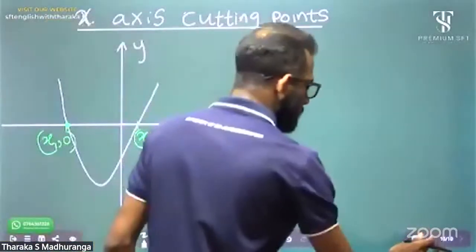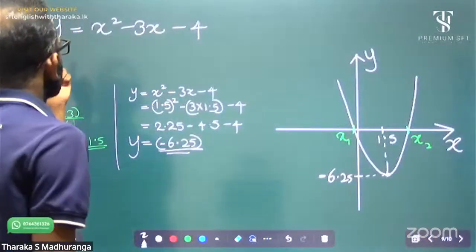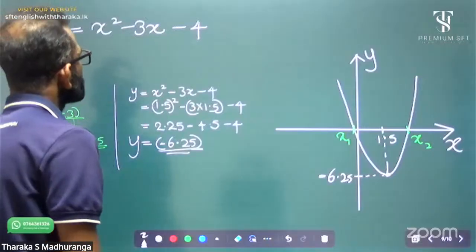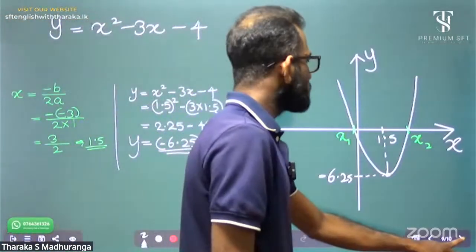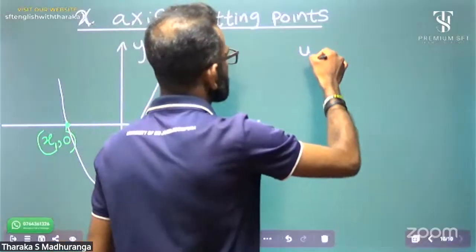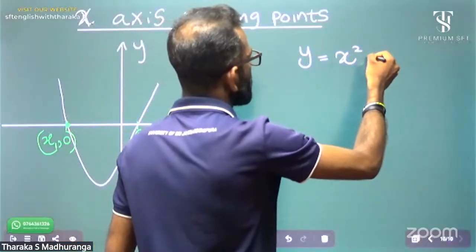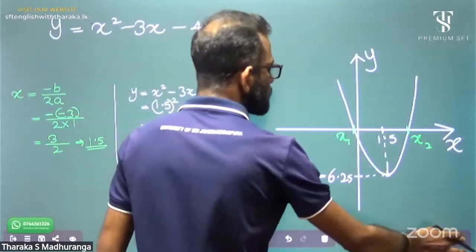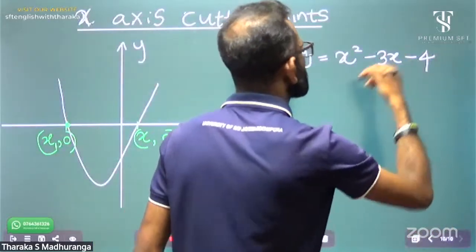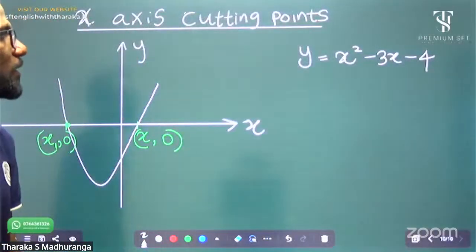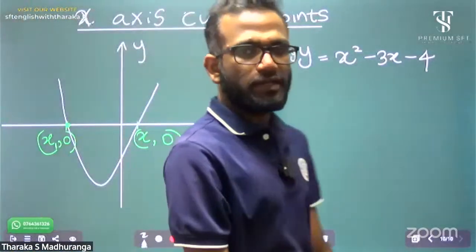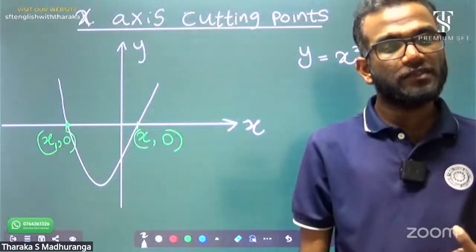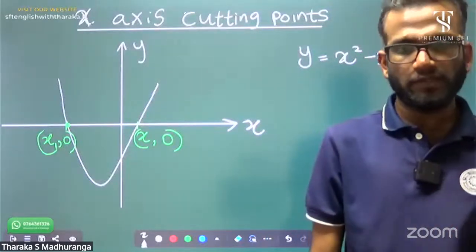Let's take the previous example. Y equals x squared minus 3x minus 4. I just want to calculate the x-axis cutting points.